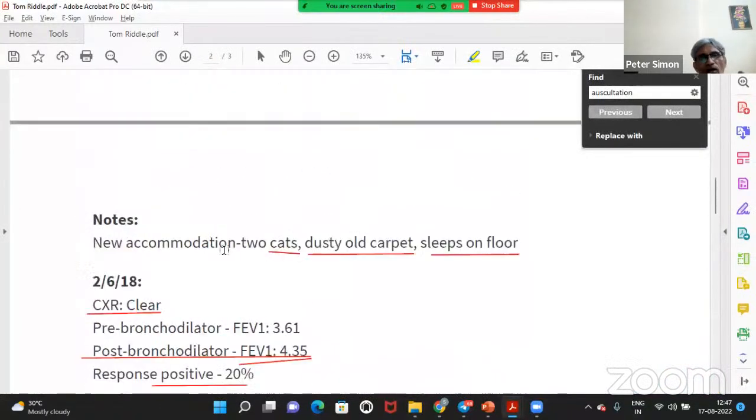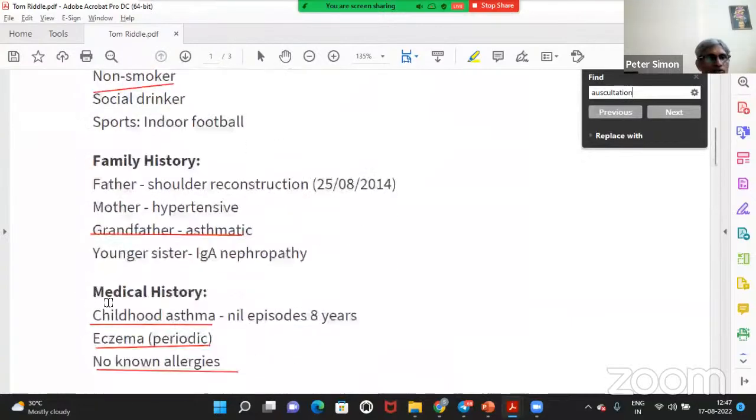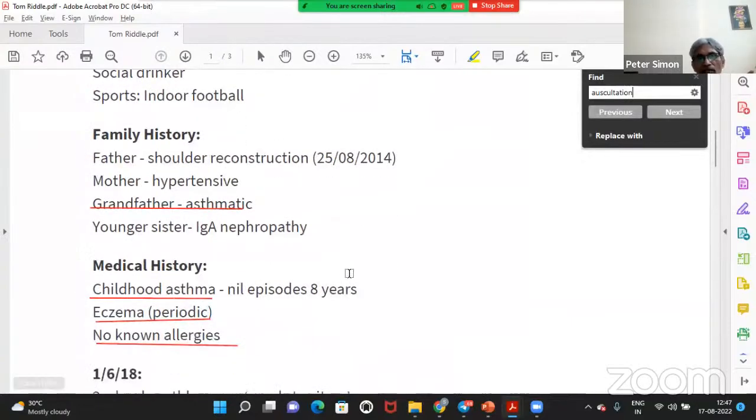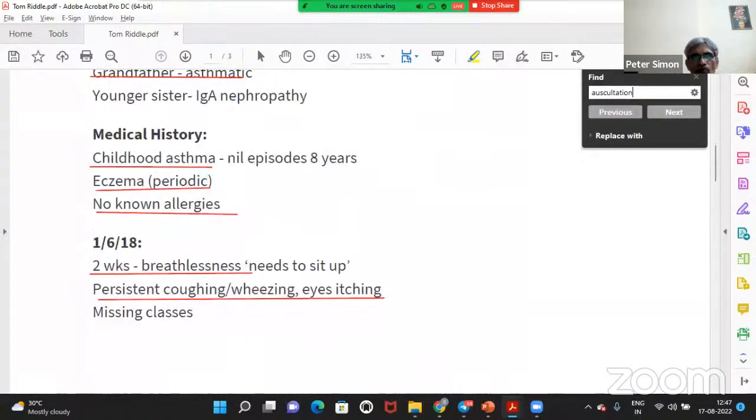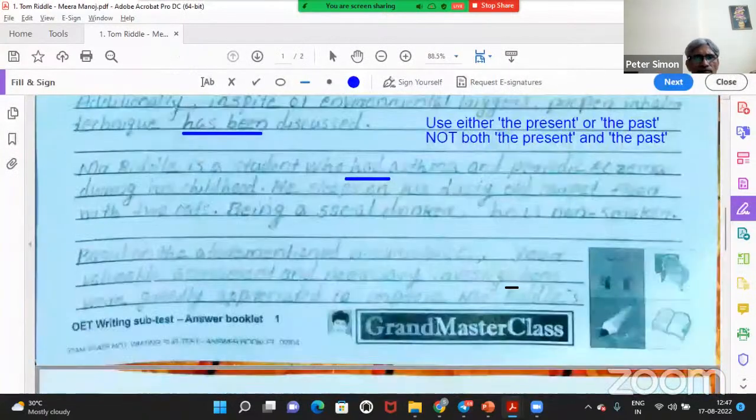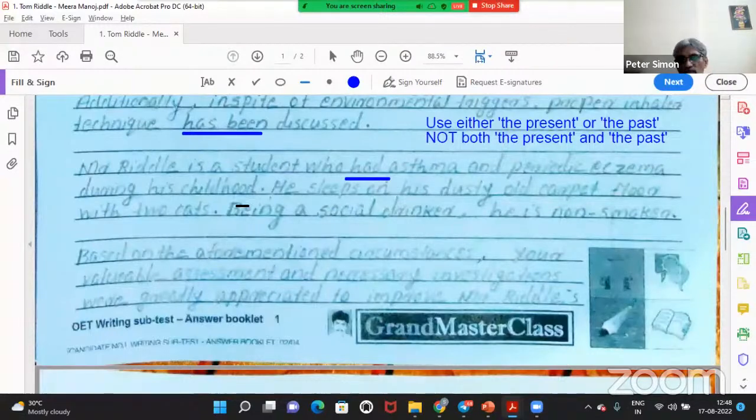Medical history: childhood asthma, nil episodes, 8 years. So now nothing is there. Eczema, periodic, no known allergies. That's clear. So you can also say he has a history of, okay, that's fine. So here, periodic eczema during his childhood. Both asthma and periodic eczema during his childhood, so "both and" is required here. Otherwise, you are telling only one thing.